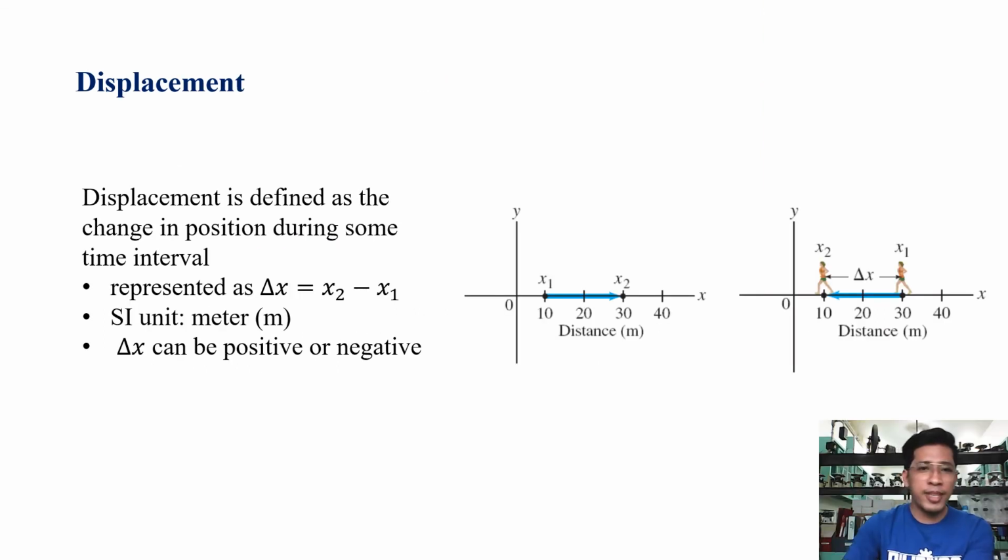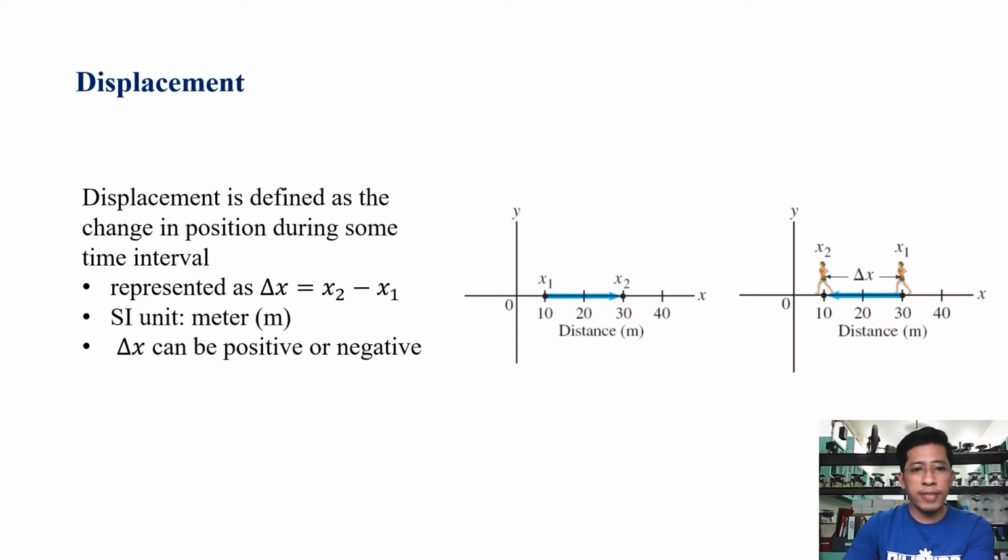The displacement is mathematically defined as the change in position during some time interval. It is usually represented by delta x, meaning a change in x, if you're referring to motion along the horizontal or x-axis. Along the y, if you're referring to motion along the vertical axis or y-axis.